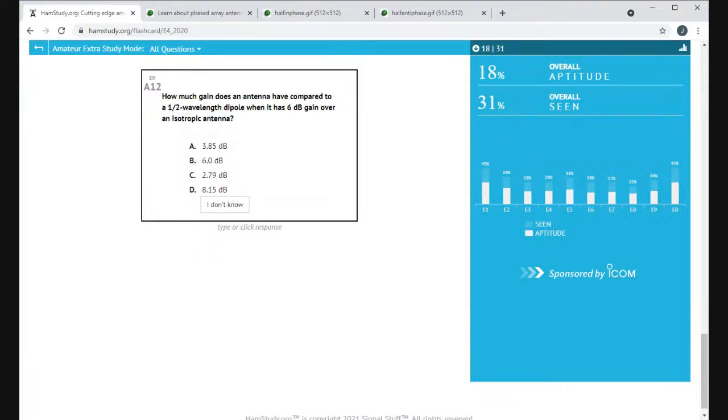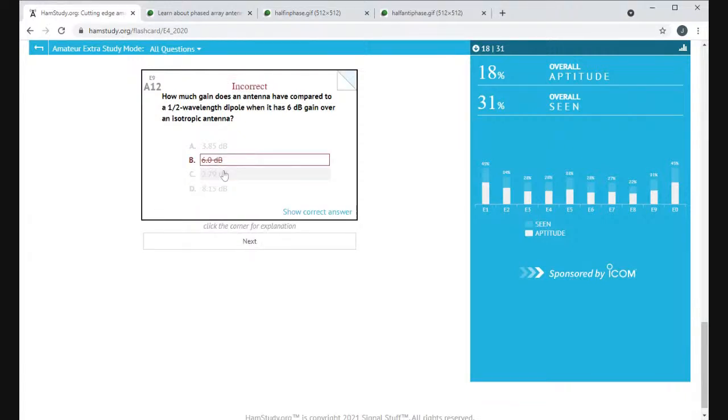How much gain does an antenna have compared to a half-wavelength dipole when it has 6 dB gain over an isotropic antenna? I believe that everything is compared to a half wavelength dipole, so that would be B, I believe. Nope, I am wrong.